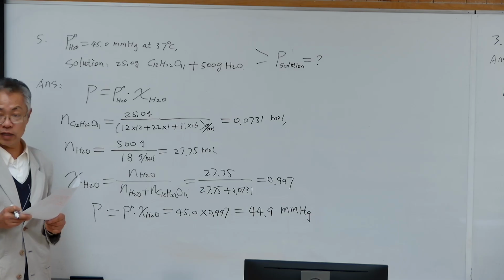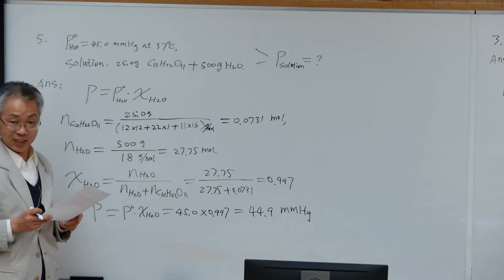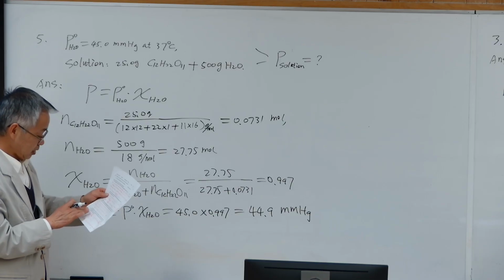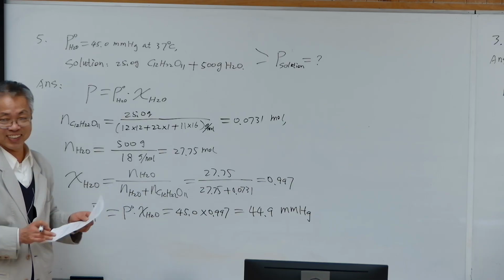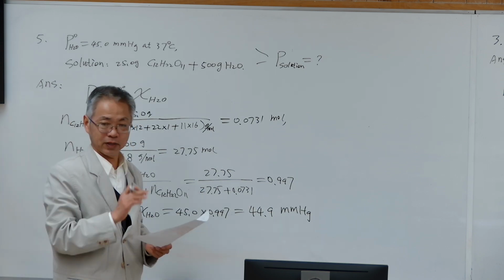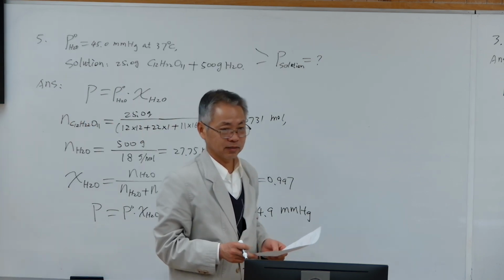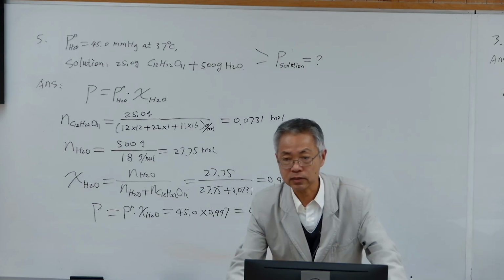Only solvent can vaporize as a gas, because this solute is solid. And I tell you, this solute is a non-volatile solid. Non-volatile means it cannot evaporate as a gas. Are you okay with this?